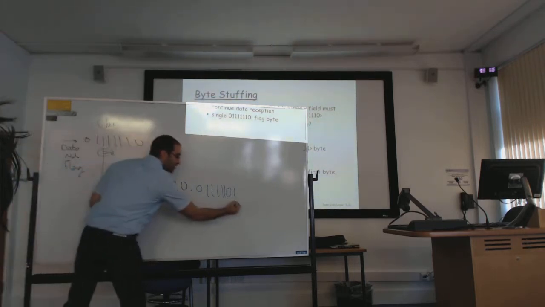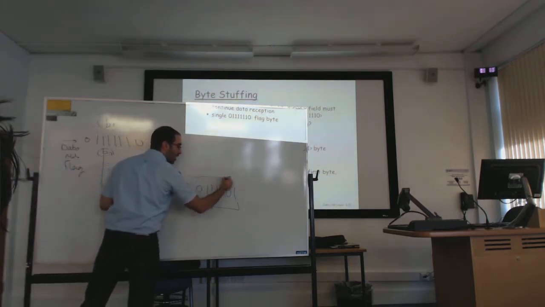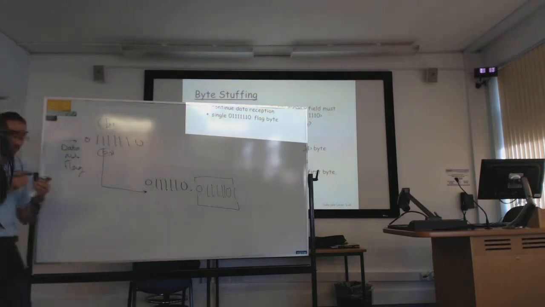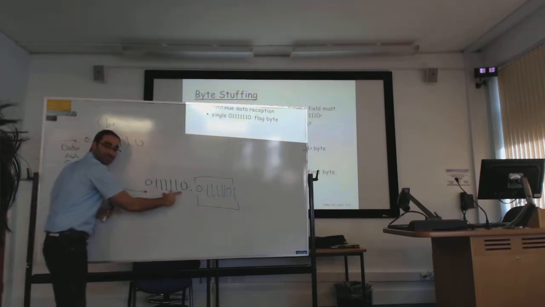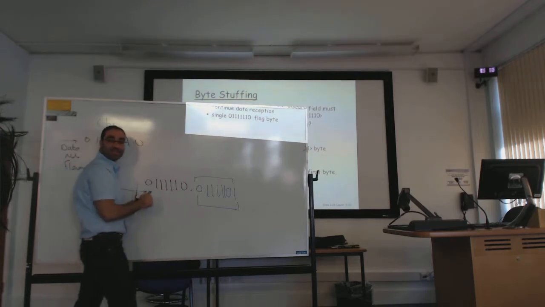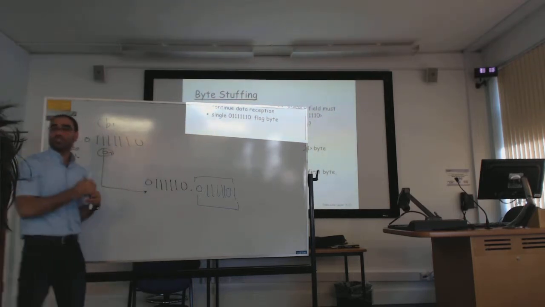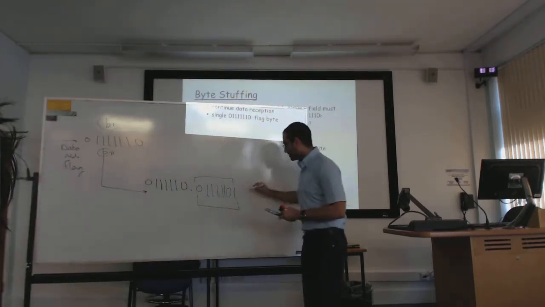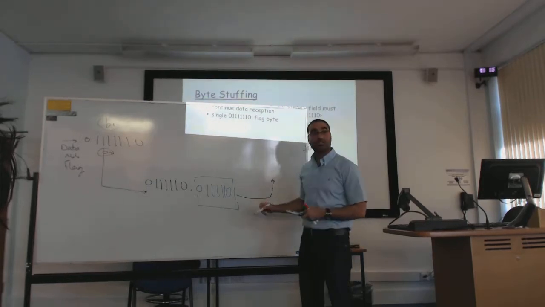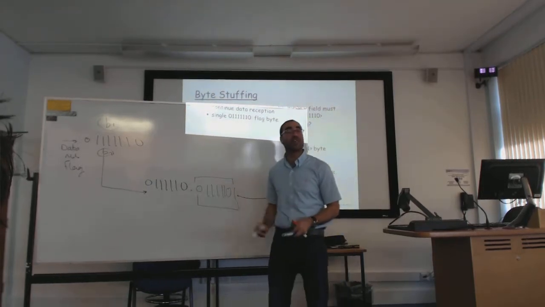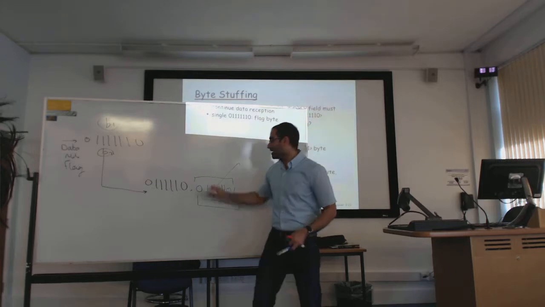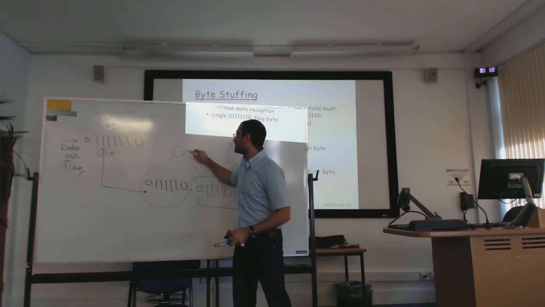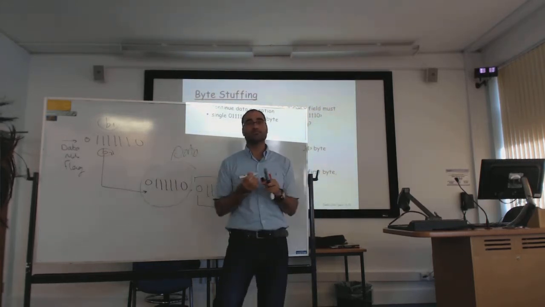If I see that combination arriving towards the destination, arriving before the actual flag, so this is not a flag, this is actual data. So the receiver will take that information, read that part, and understand that what's coming is not a flag. He'll discard that and take that as data. That's it.